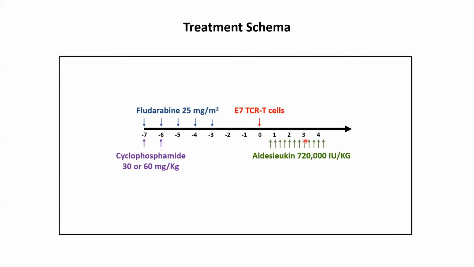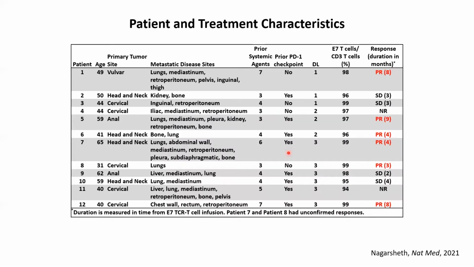There are a lot of aldesleukin hatches here, but really we generally give the aldesleukin only for a day or two. And we've come to really stop the dosing when we see any concerning toxicity, and we're generally able to keep people out of the ICU and free of any serious adverse events related to the aldesleukin.